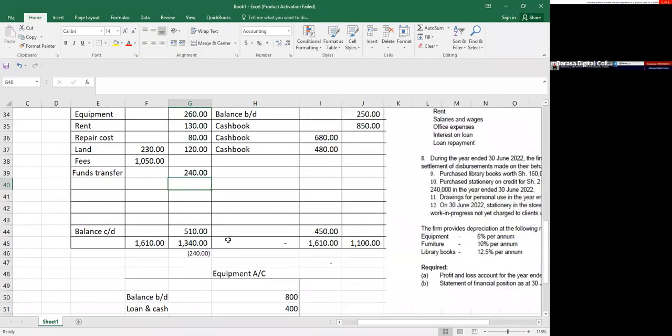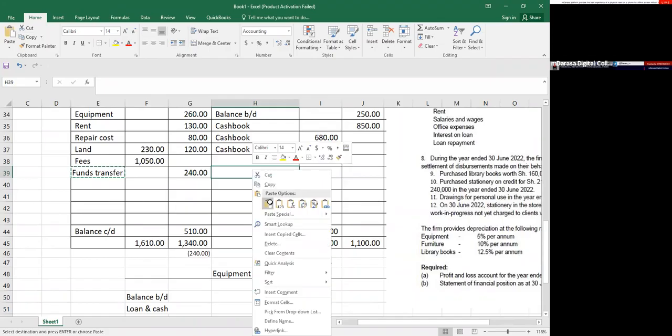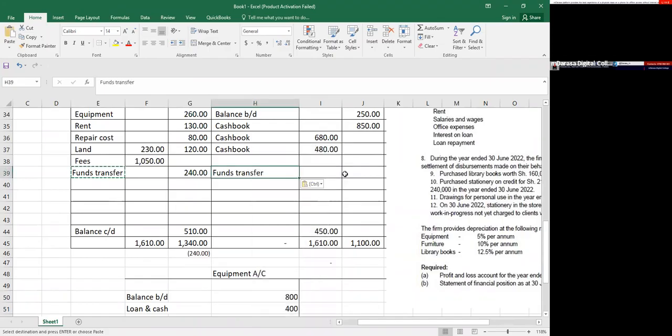Talk of the aspect of funds transfer. Contra, basically it's just contra.